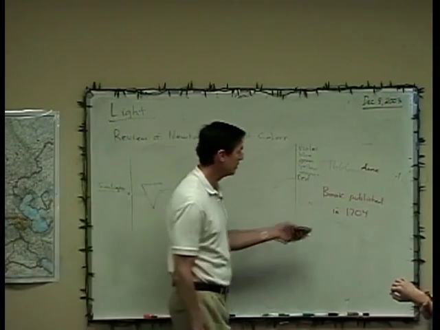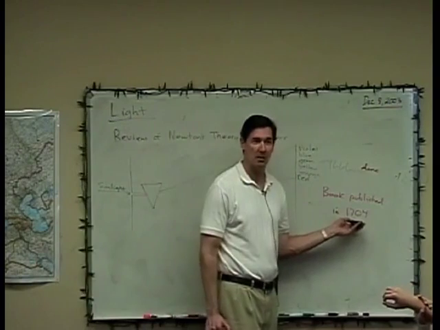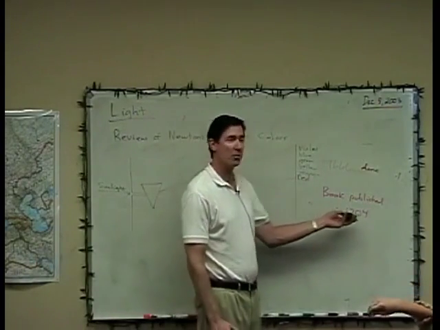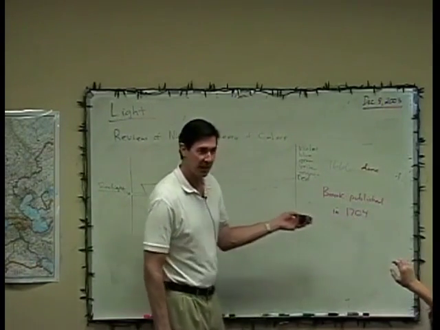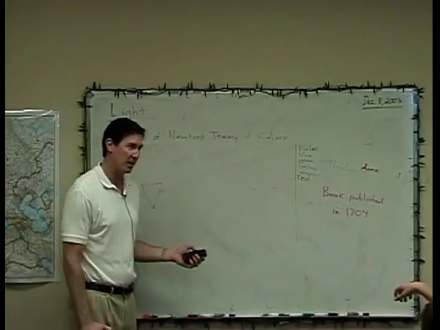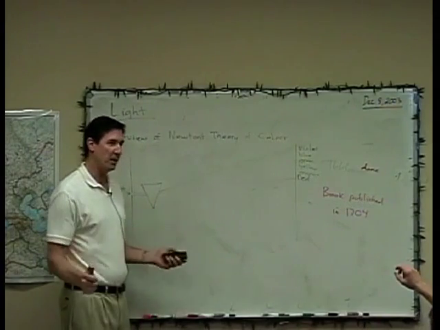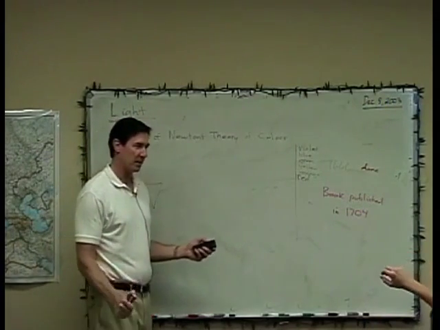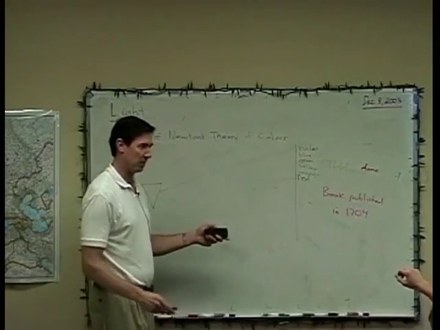Basically, this book of Newton summed up what people knew about light almost for the next 100 years. And then suddenly, around 1800, there were 3 major new discoveries. And I want to tell you about those 3.